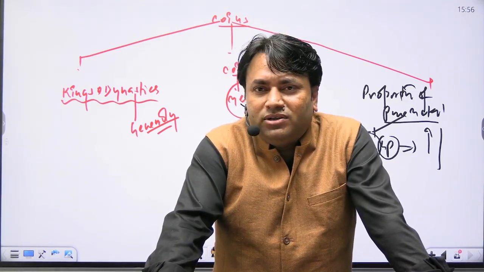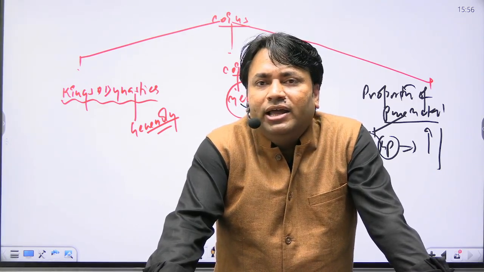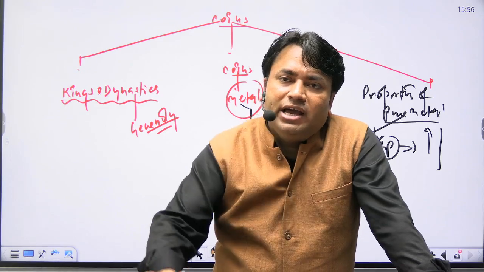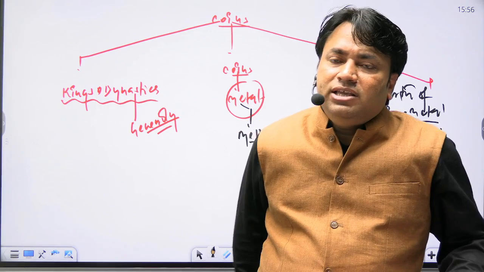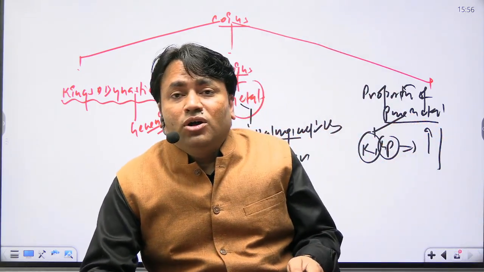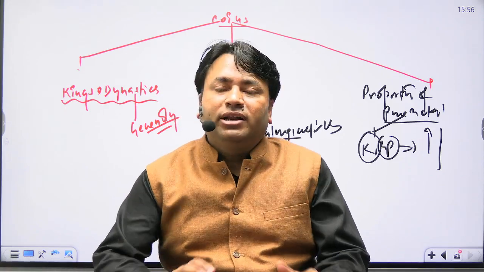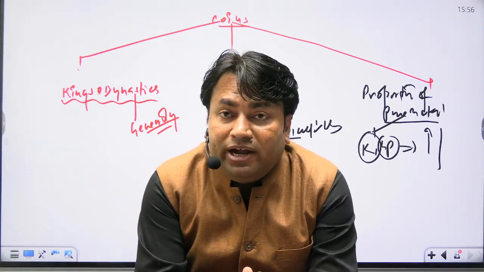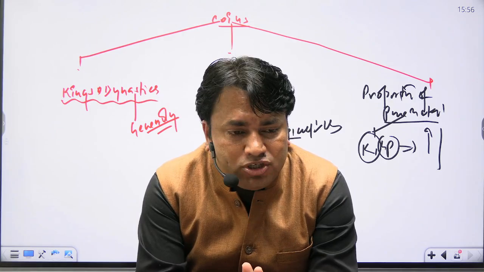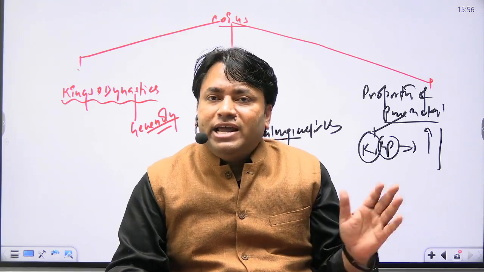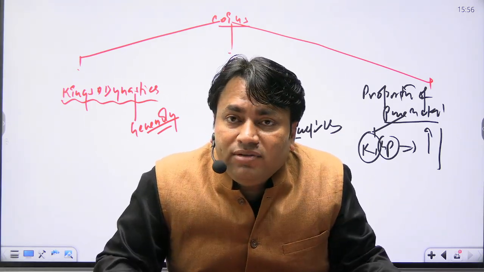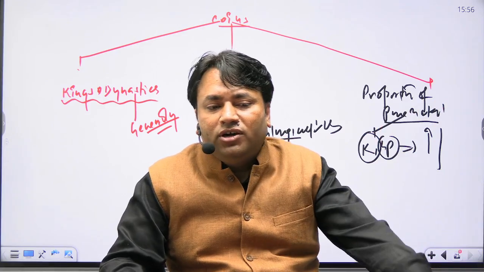So this is very simple to understand: coins give us the idea about technological development, about the use of metal, metallurgy. Coins also give us important information about the economic prosperity of that particular phase. Coins also give us important information about the kings, dynasties and all this, and this is very helpful in making the genealogy of the rulers.